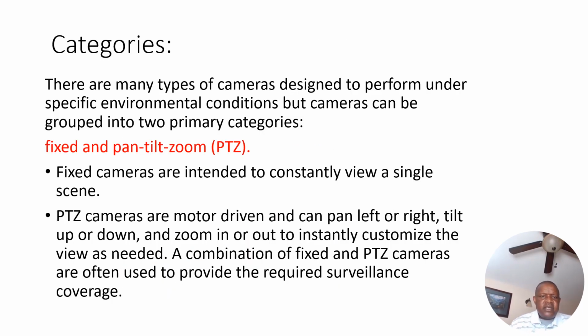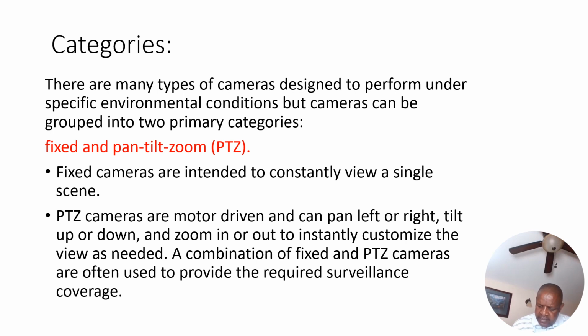Now, categories. There are many types of cameras designed to perform under specific environmental conditions, but cameras can be grouped into two primary categories: one, fixed cameras, and two, pan, tilt, zoom cameras. Please keep this in mind.